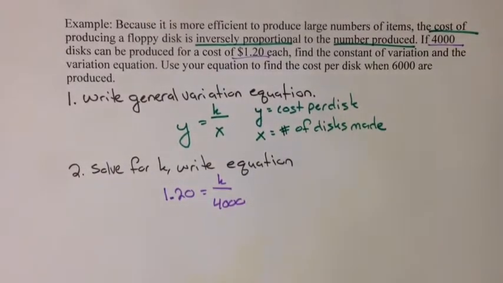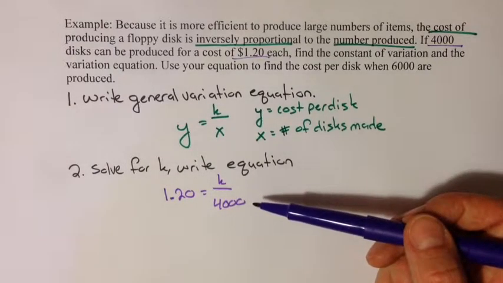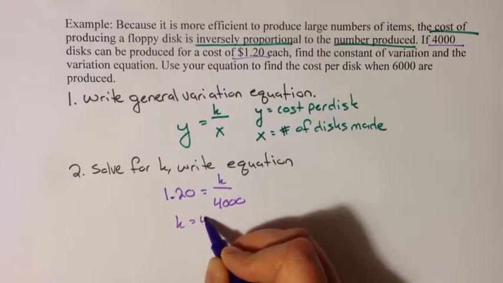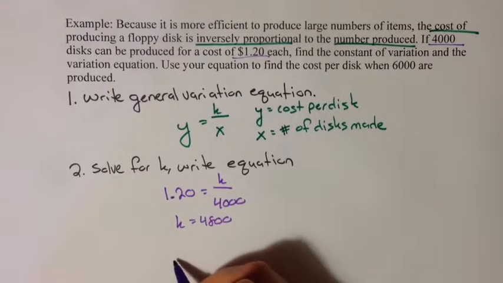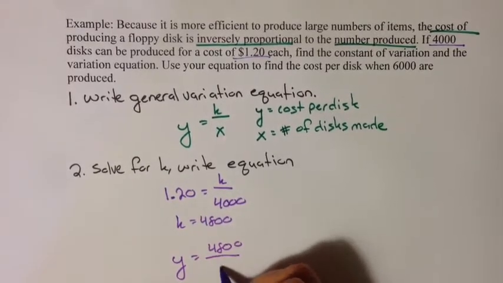Now in this case, I can solve for k by clearing the fractions, multiplying both sides by 4,000, or you can think about cross-multiplying if you want to, and we'll end up with k equals 4,800. That means that my variation equation is y equals 4,800 over x.